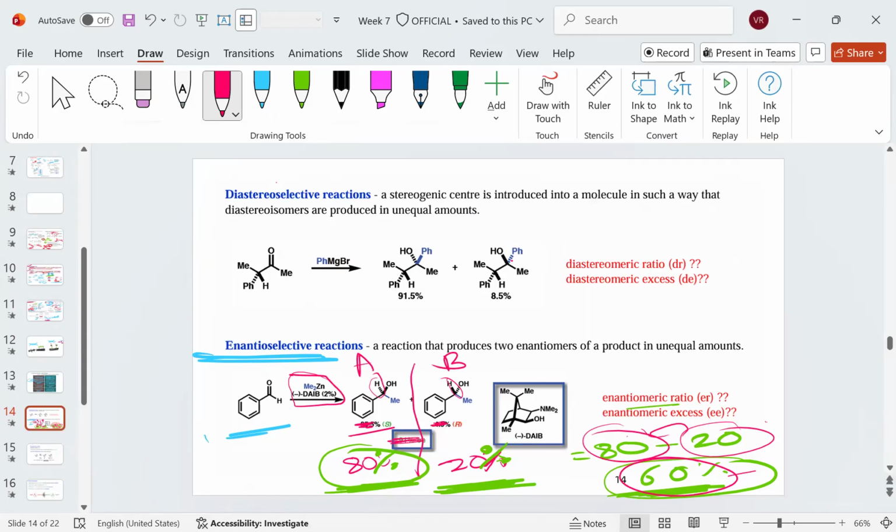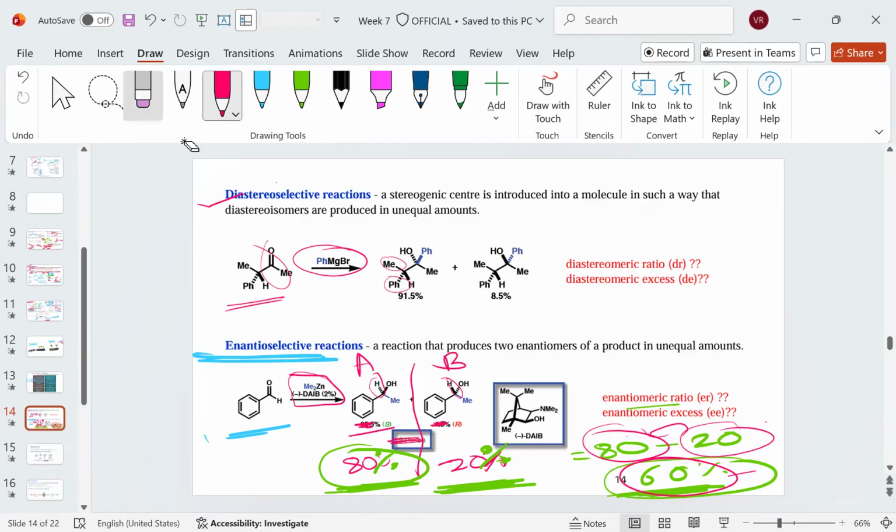And the similar case applies in the diastereoselective reaction. In this reaction, the nucleophilic addition across this carbonyl center is mainly governed by the adjacent bulkier group.